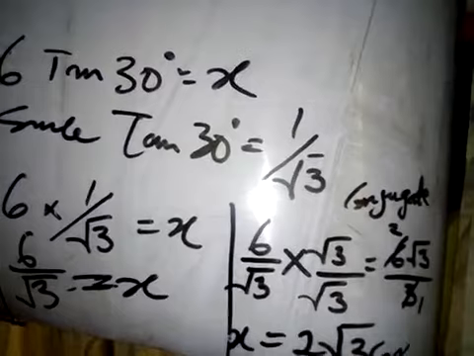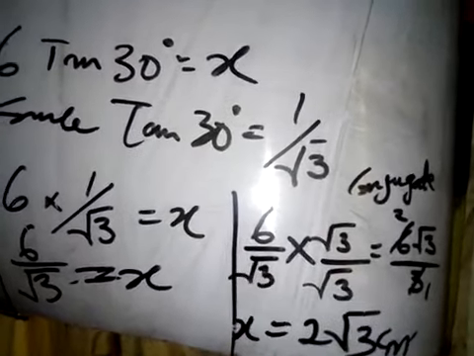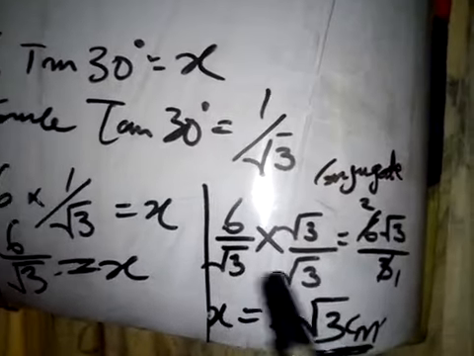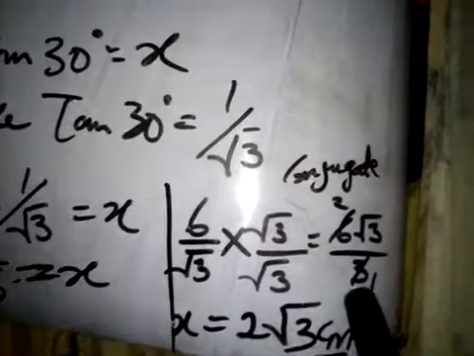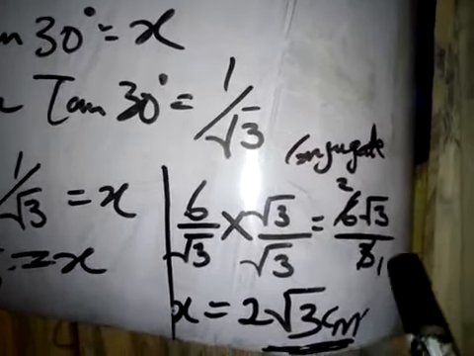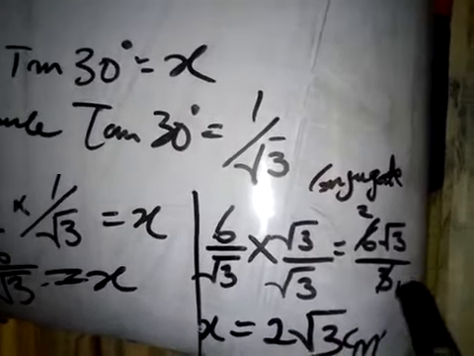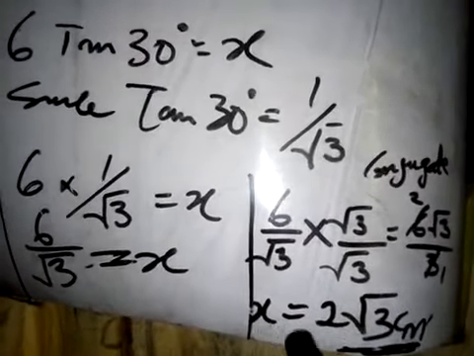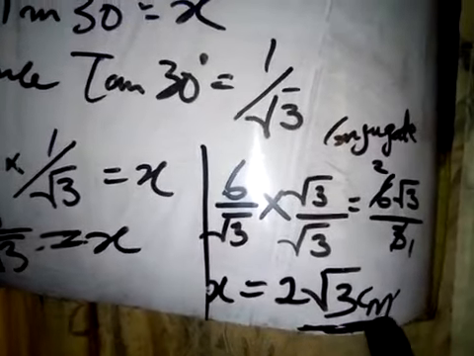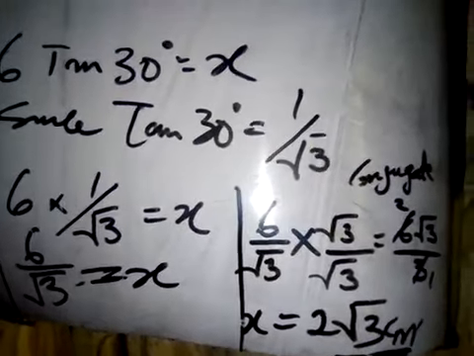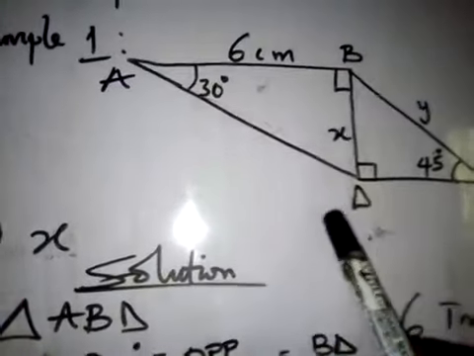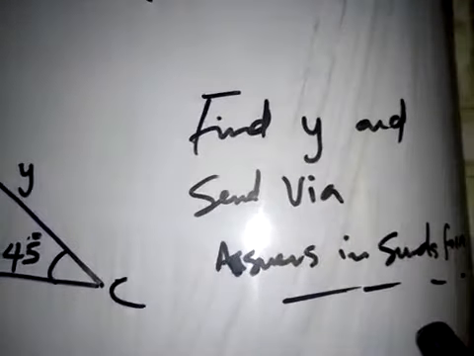Then you have 6 root 3 over root 3 times root 3, which is 3. If we divide 3 by 3, that is 1; 3 in 6, we have 2. So x is equal to 2 root 3 centimeter. So the value of BD, which is x, is 2 root 3.